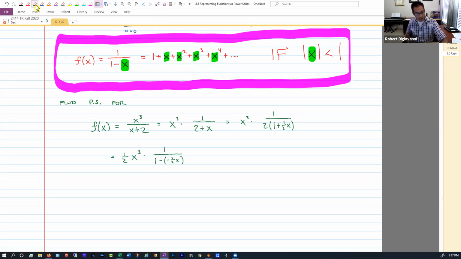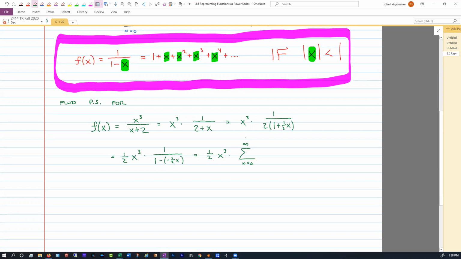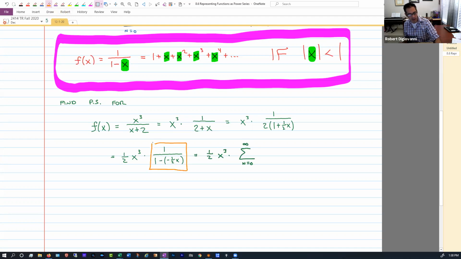So at this point, I'm going to say that this is equal to 1/2 times x cubed times the series n equals 0 to infinity of what? 1 over 1 minus x? No. I'm turning this whole thing into a series. What is the series it's turning into?